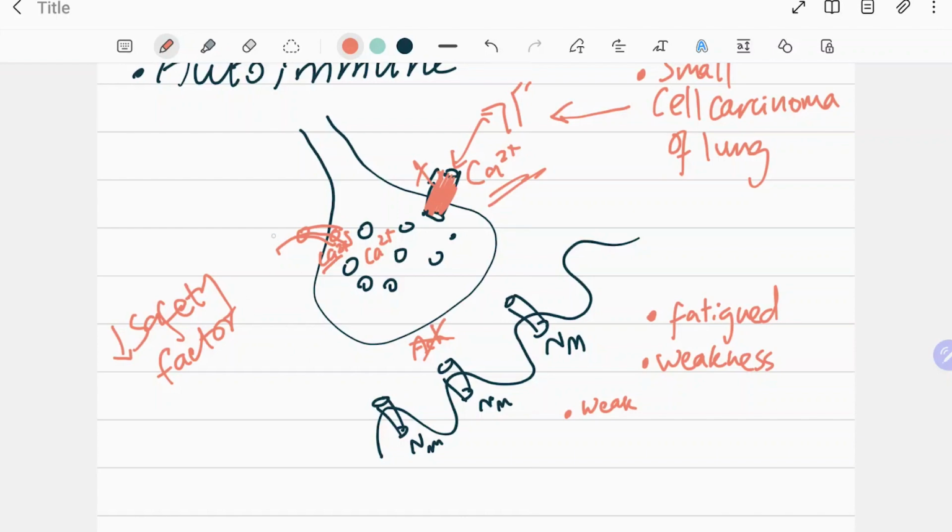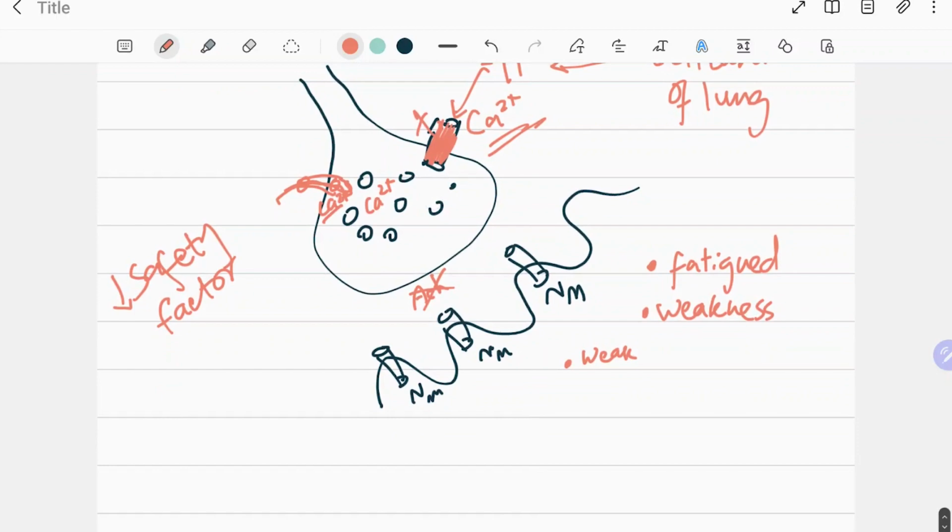You're going to give another action potential, and again more calcium comes in. So it's adding up. Calcium is sort of summating. It's accumulating in the presynaptic area over here, in the terminal boutons. So you start weak, and then the next movement becomes a little stronger and strongest. So your movements are weak in the beginning, then they get strong later.